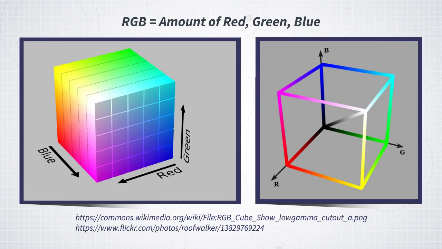The image on the right shows some important colors that you can obtain by mixing these three values. Starting from the origin that is completely dark, it is actually black. As you move along different axes, you obtain different colors. For instance, if you go up in only one direction, you'll get blue. If you go down in only one direction, you'll get red, and in the other one, you'll get green.